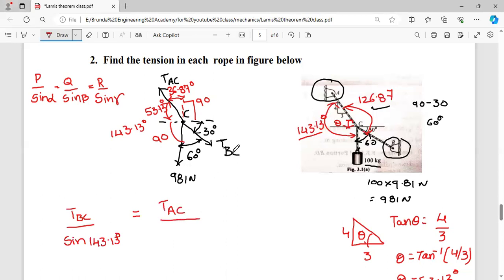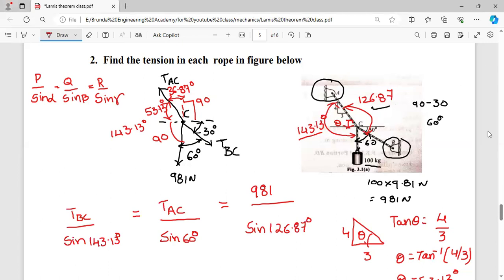Next, coming to another force, that is tension TAC. What are the remaining two forces? TBC and 981. The angle between these two forces is 60 degrees, so sine 60 degrees. Next, the other force, weight 981 newtons: 981 by sine of the angle between the opposite forces TAC and TBC, which is 126.87 degrees.